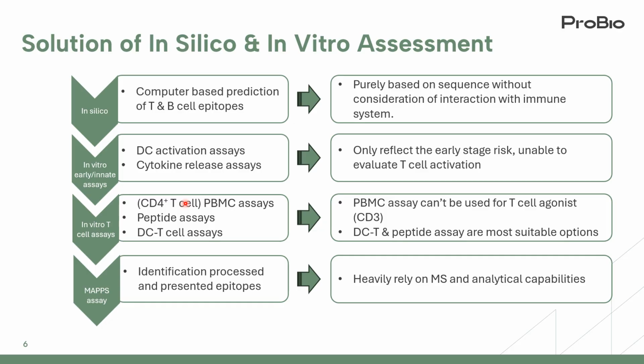CD4 positive T cell PBMC assay is a relatively straightforward approach. However, it cannot differentiate the activation signal driven by either the T cell epitope immunogenicity or T cell agonist antibodies like CD3 antibodies.